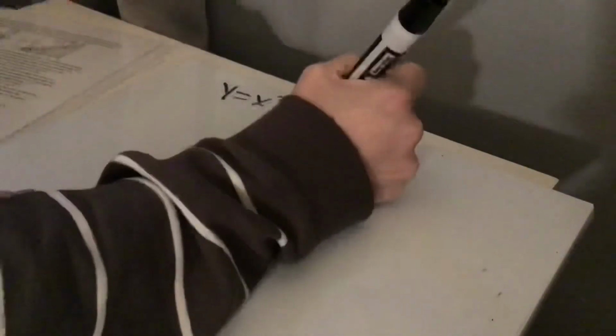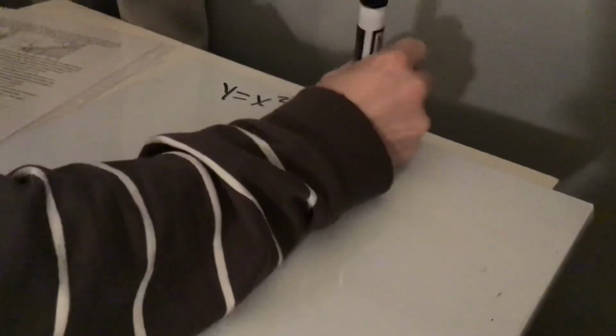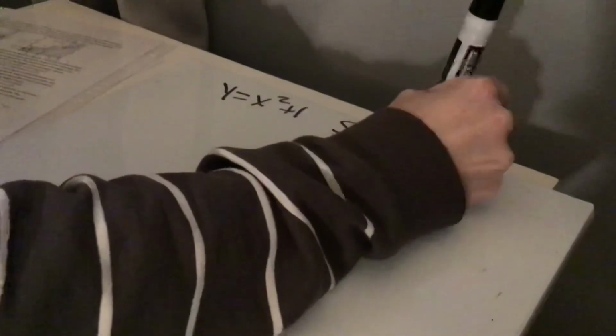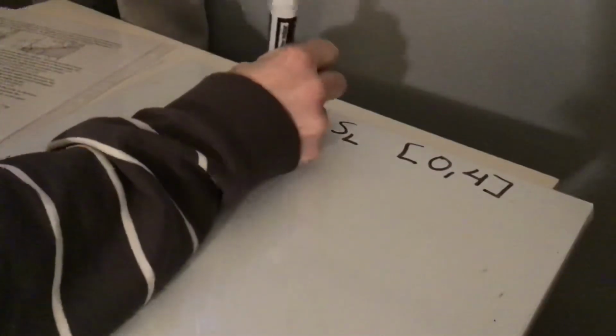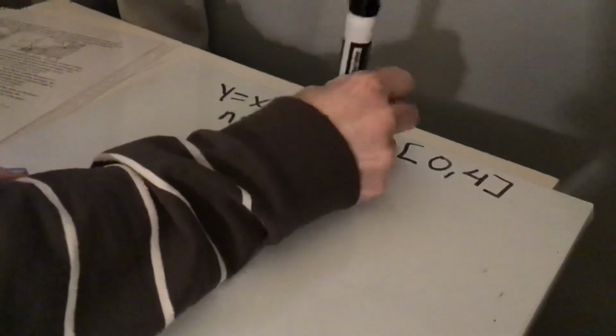So just to walk through one more example, okay? Let's say we're going to use the same curve, so y equals x squared plus 1. We want the lower sum on the interval 0 to 4, divided into 4 sub-intervals.